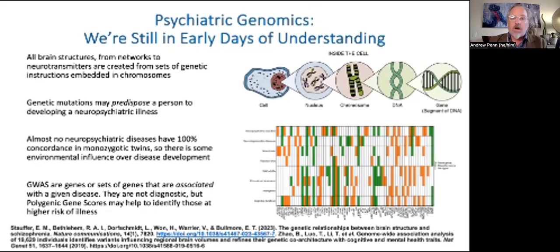But most of our psychiatric illnesses are associated with these sort of constellations of genes, but there is no single gene that predicts for them. And one of the ways that we can figure this out is by looking at identical twins who have the same DNA. But even a disease like schizophrenia, the concordance rate, which is the likelihood that if one twin has the disease, the other twin will also have it, is only about 50%.